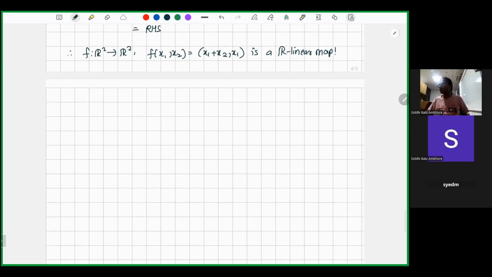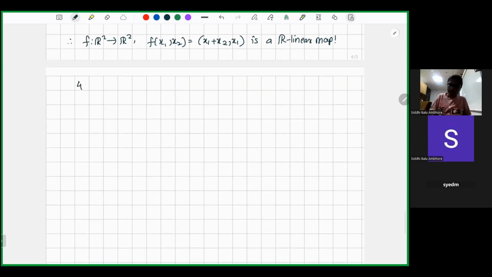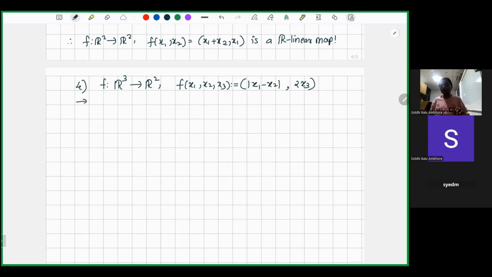And now let us check the fourth one. f is from R3 to R2 now. And we have to check f of x1 comma x2 comma x3, the map given like this, mod of x1 minus x2, where this is the normal modulus of a real number.